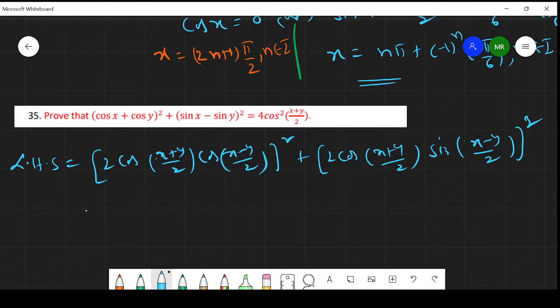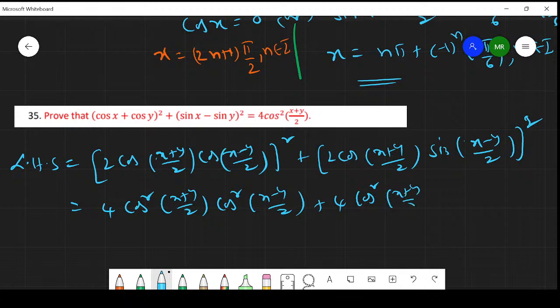Now if we do squaring, this will be 4 cos square of (x plus y) by 2 into cos square of (x minus y) by 2 plus 4 cos square of (x plus y) by 2 into sin square of (x minus y) by 2.